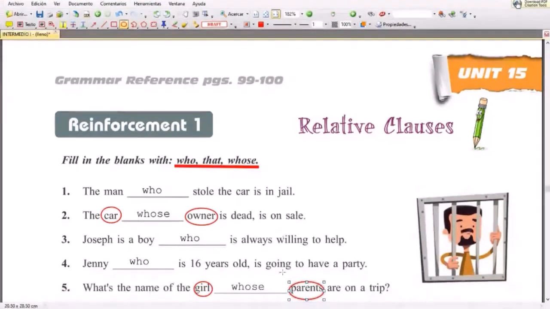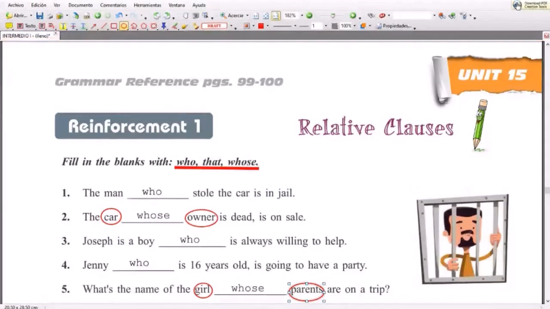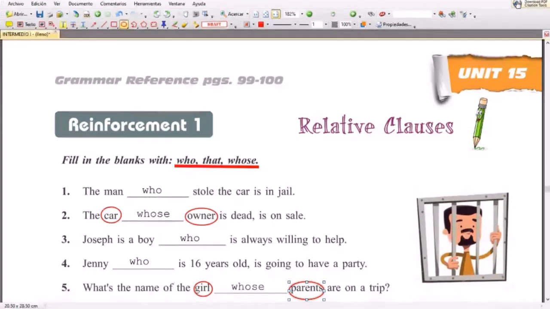Because the others, who, what, where, could be a verb or a noun, could be a place, could be a subject, but in this case, you have it between.